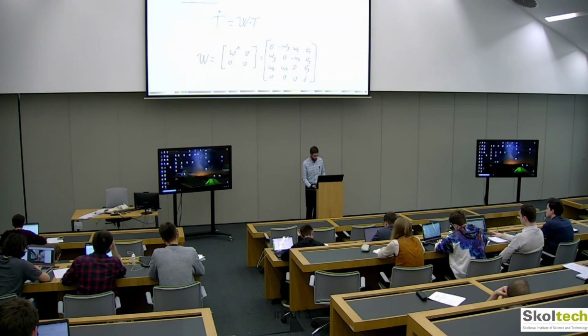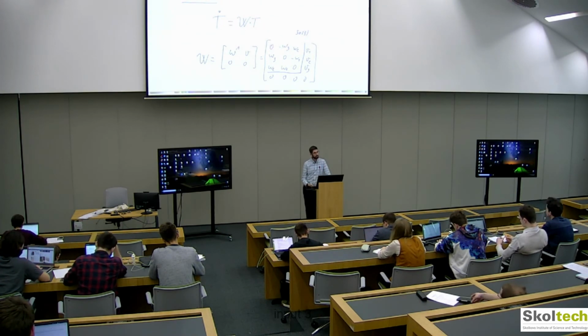Okay, so this part is what we did before, and now we have an extra element. This makes sense because rotations have all this structure. We are representing rotations with matrices, but it's not true for translations.